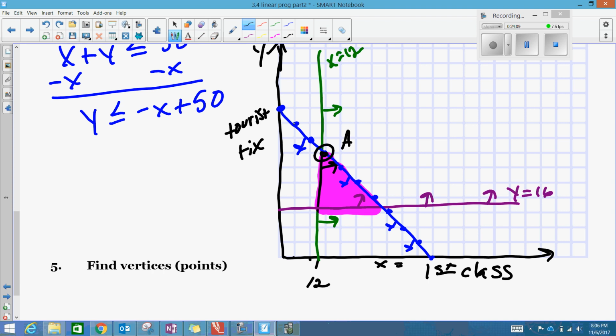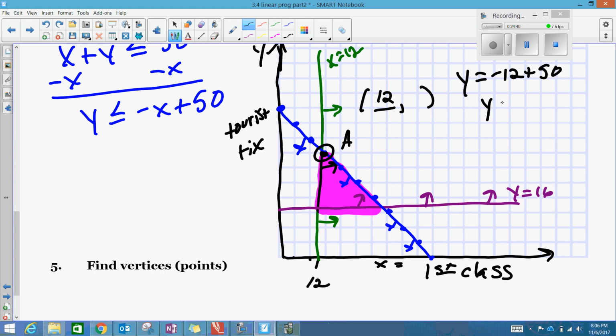Now, we know, like I said last class, all the points on this blue line, the X and the Y have to add up to 50, right? And even though this is not an exact point, we know the X value here is 12, because it's on the X equals 12 line. So if X equals 12, then we can substitute X equals 12 into this equation, and Y has to equal negative 12 plus 50.